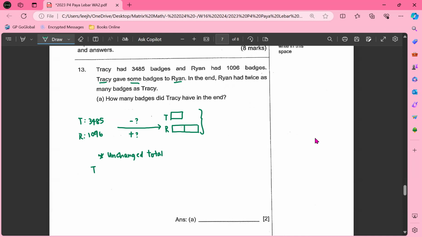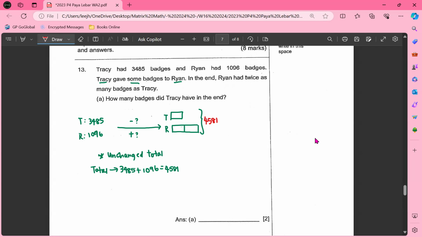So how do we find the total? We just add the two values here. 3485 plus 1096. So the total is actually 4581. Okay, so total 4581. So I write 4581 here as well because the total is unchanged.